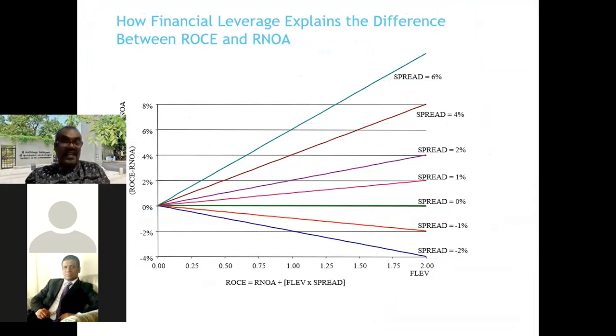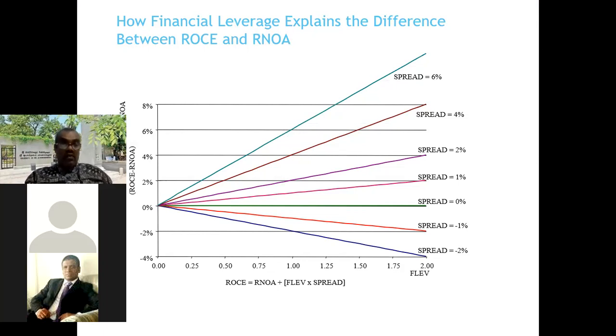Right? Did you get it? Even though there is a spread, there can't be any difference between ROCE and return on net operating asset. So that means even though you had an opportunity of increasing your return, you have not utilized it. That is a signal, so additional information for managers.